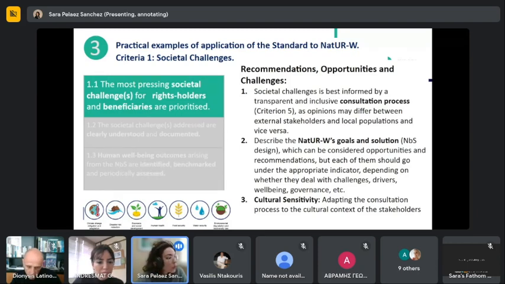Describe the NatUR-W goals and solutions, which can be considered opportunities and recommendations, but each of them should go under the appropriate indicator, depending on whether they deal with challenges, drivers, well-being, or governance. This is something you need to reflect on. As Gus also mentioned before, there is cultural sensitivity: adapting the consultation process to the cultural context of the stakeholder.